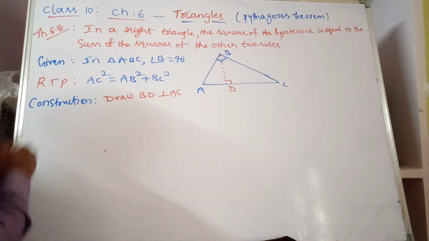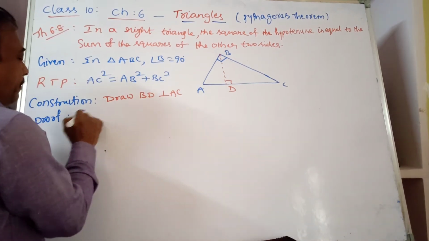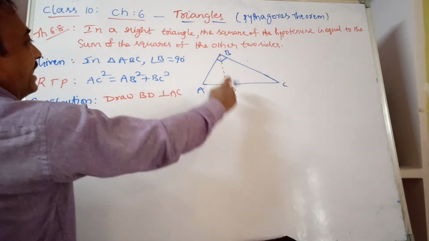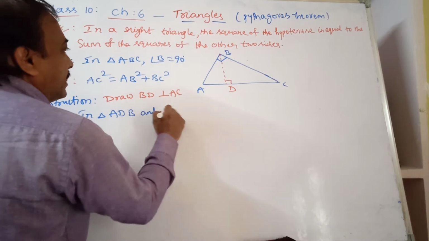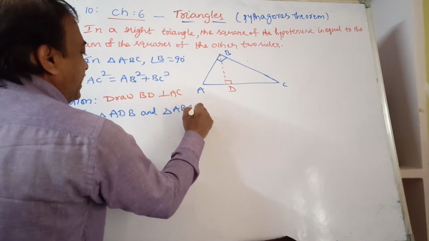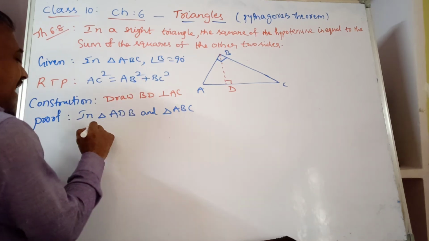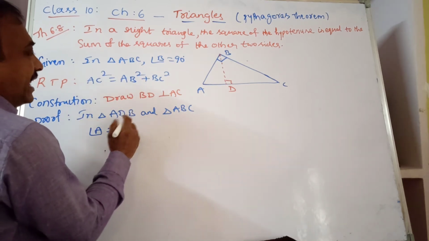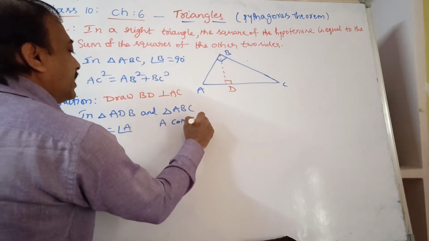Now proof. In triangle ADB and triangle ABC, they are similar. Actually we proved it, but still we write: angle A is equal to angle A, that is the angle common in both triangles.